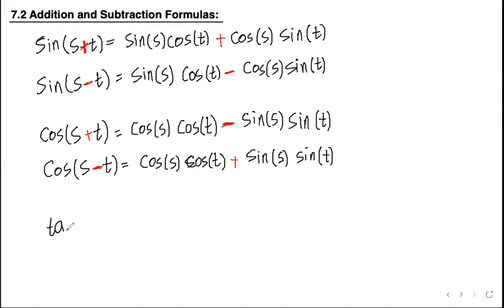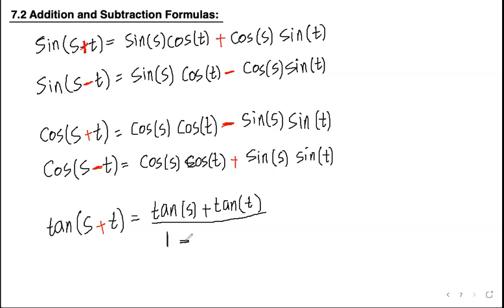For the tan of s plus t, this is equal to tan of s plus tan of t over 1 minus tan of s tan of t.